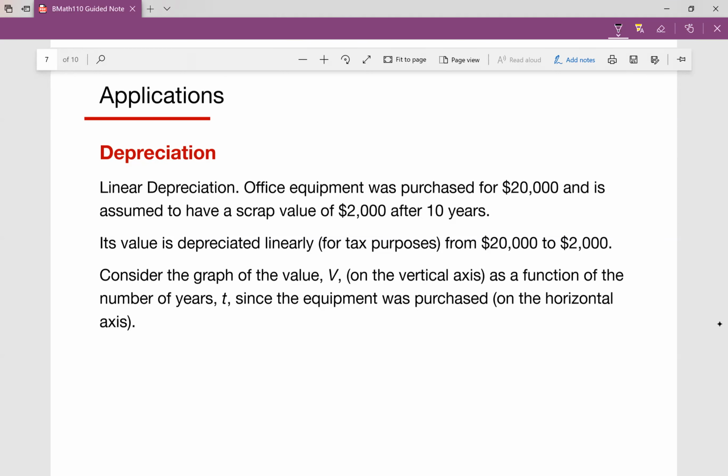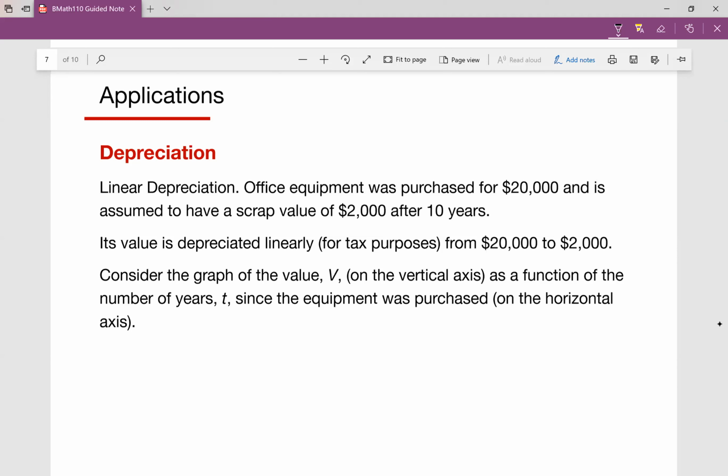Depreciation, linear depreciation. Office equipment was purchased for $20,000 and is assumed to have a scrap value of $2,000 after 10 years. Its value is depreciated linearly for tax purposes from $20,000 to $2,000. Consider the graph of the value V on the vertical axis as a function of the number of years T since the equipment was purchased on the horizontal axis.